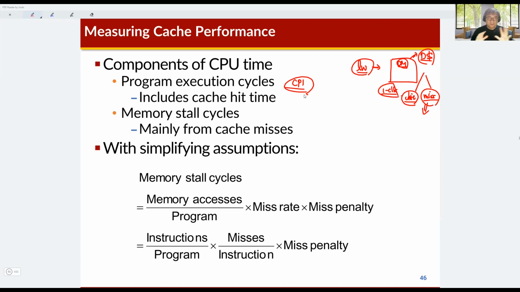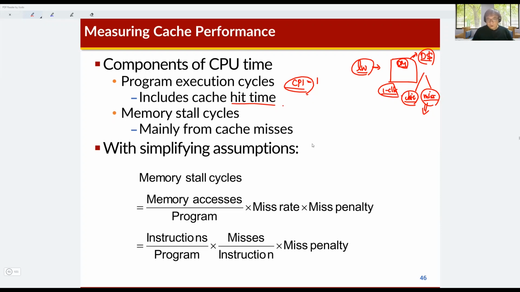And we assume that the cache is always a hit. So CPI equal to 1 is an ideal case, and this assumes that there are only hit cases.